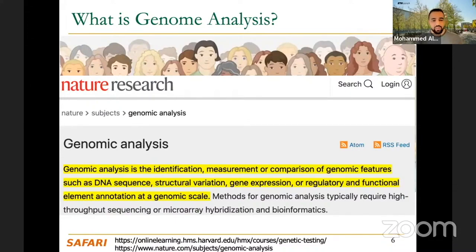So when you want to analyze a genome, we want to study, identify, measure, and compare genomic features and understand them at the very low level, which is the DNA. And then we can move one step further to RNA, and then to the protein, and then understand the disease.